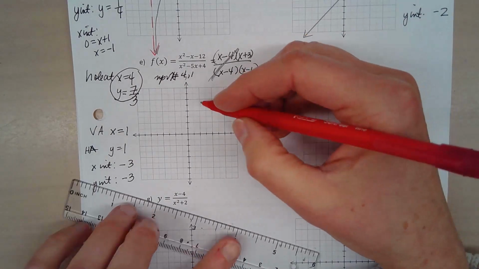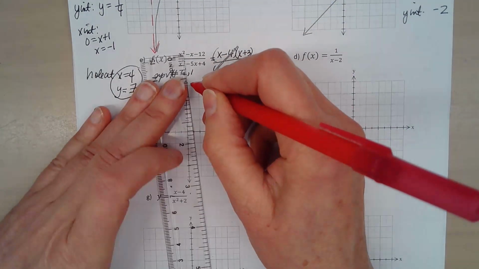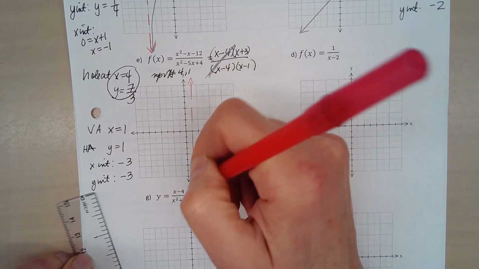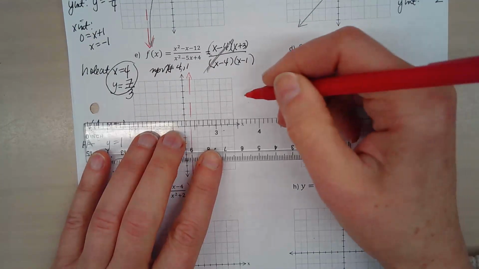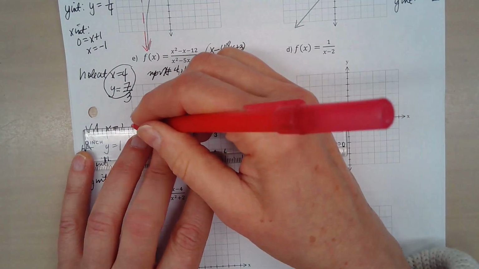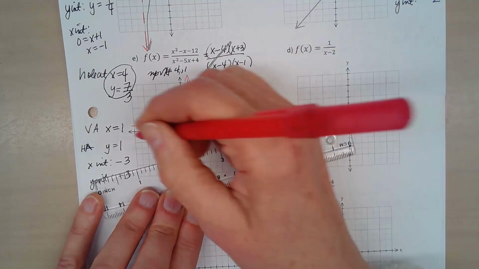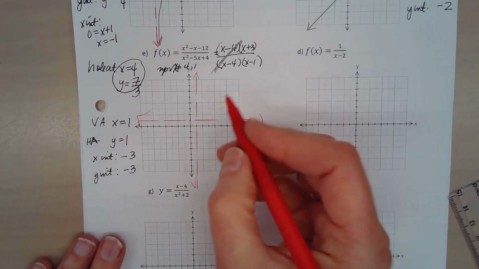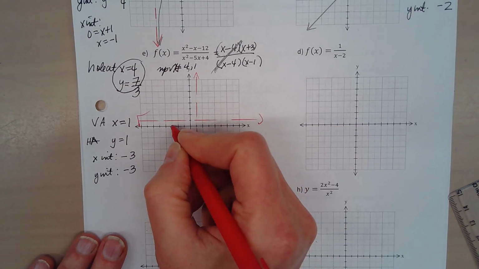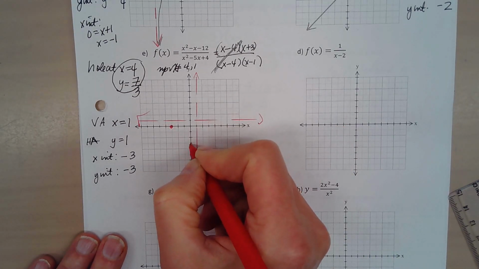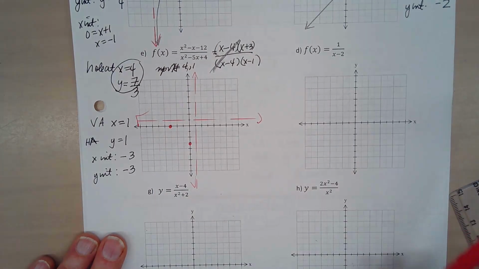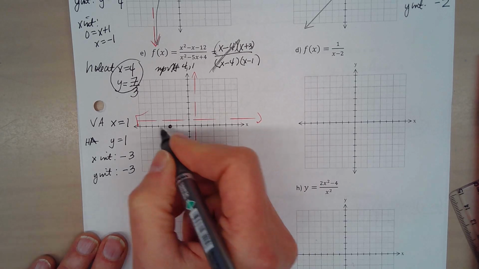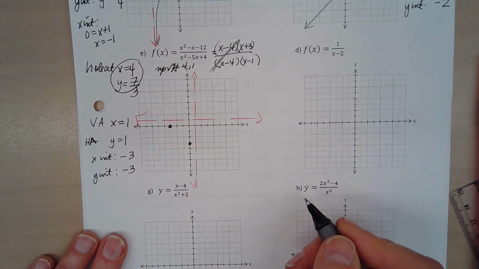So first of all, I've got vertical asymptote at 1, horizontal asymptote at 1, x-intercept at -3, 1, 2, 3, y-intercept at -3. Oh, I guess I should have done this in a color, right? X and Y. Okay, I'm pretty confident I know what's happening down here, don't you?